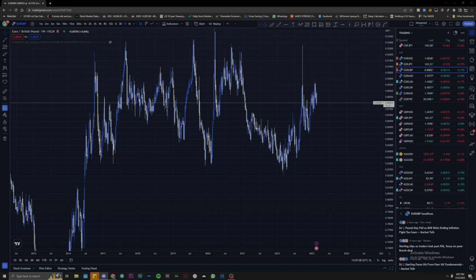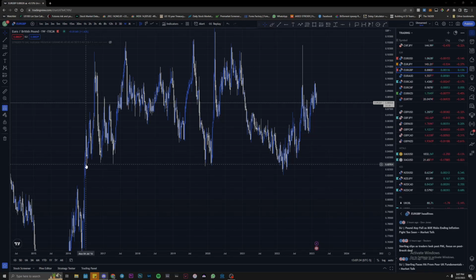I've got here: which order blocks should I use? And also people struggling with calculating stop losses, which I've seen as a big one. This is for the newer traders that are just entering one lot buys and sells with no stop loss and stuff like that.